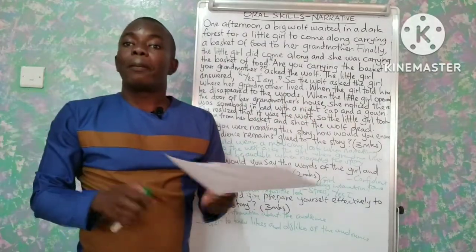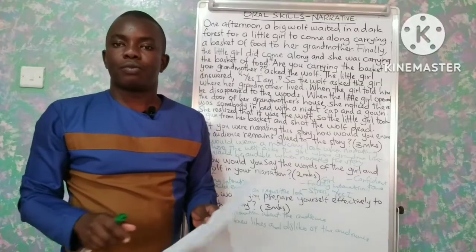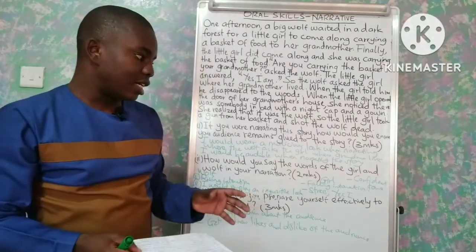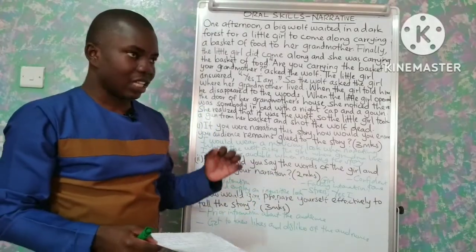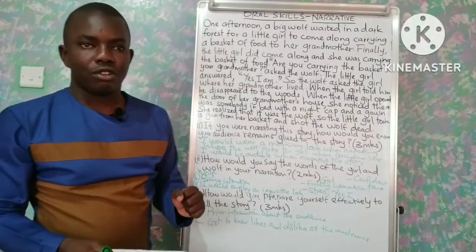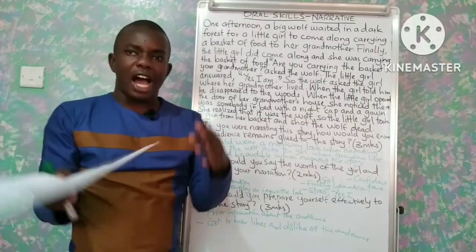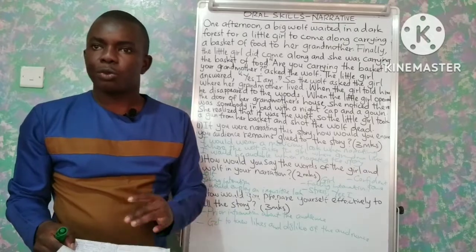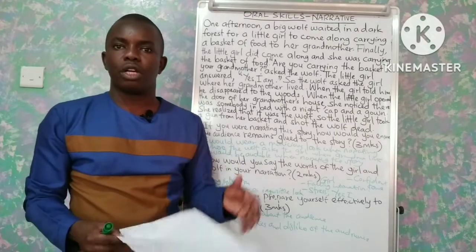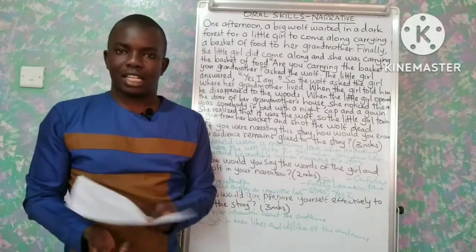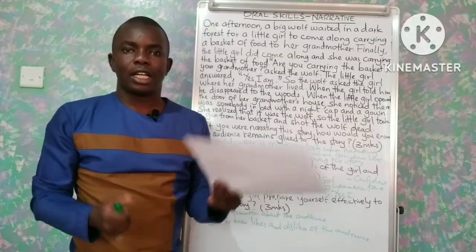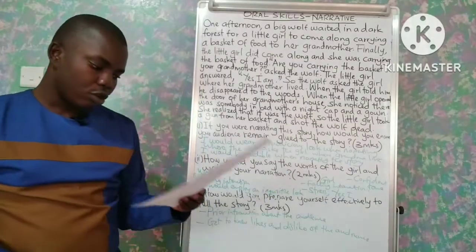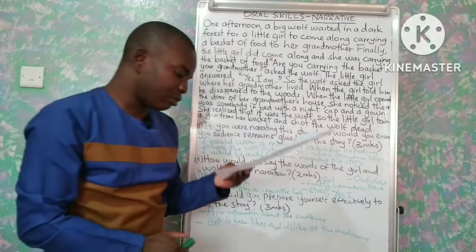I would also prepare the props that are necessary for telling the story. So there are some of the costumes or props that can be helpful for illustrations during the story. I would also prepare them.